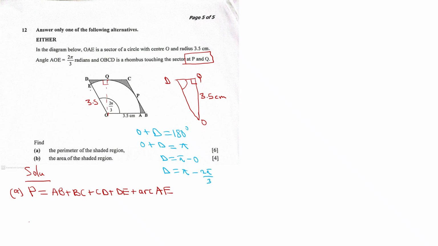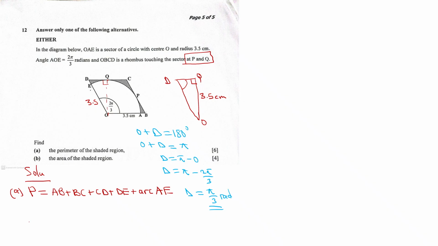When you work this out, you multiply 3 times pi, minus 2 pi. So 3 times pi is 3 pi, minus 2 pi, you get pi divided by 3. So the angle at D is pi over 3 radians.